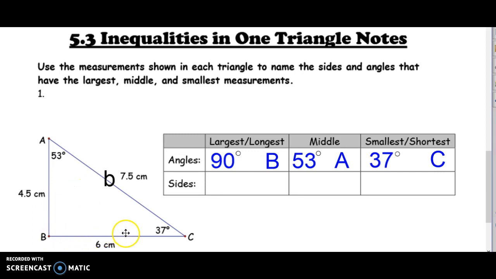What would that make this side? We could call it BC. What else could we call it? Were you thinking A? So this could be called side C. With that in mind, instead of putting the numbers into this table right here, will you put the letters in? And when you're ready, unpause this video.